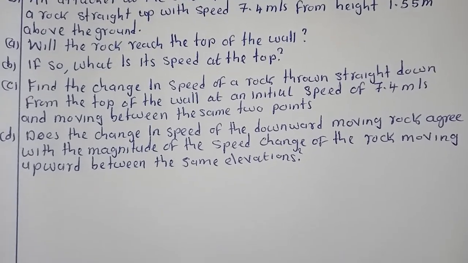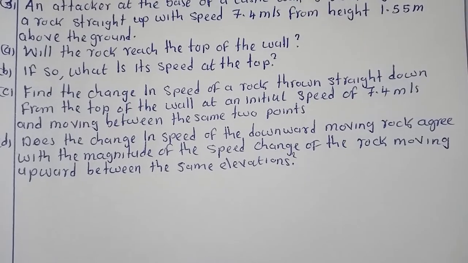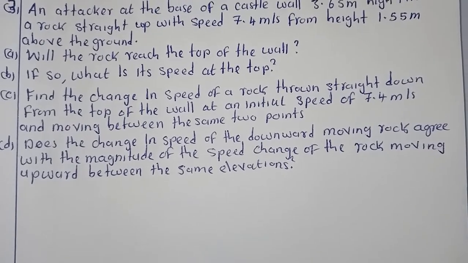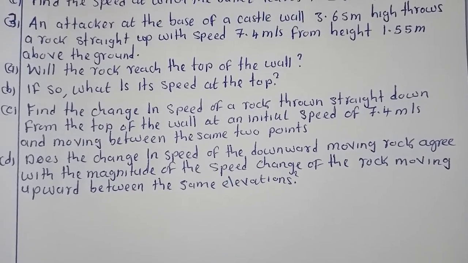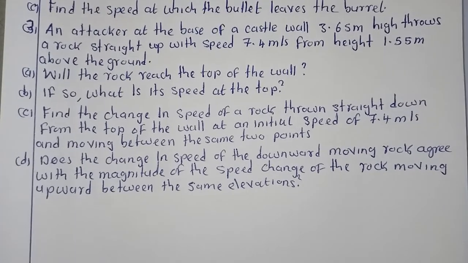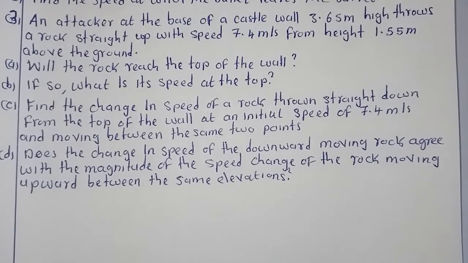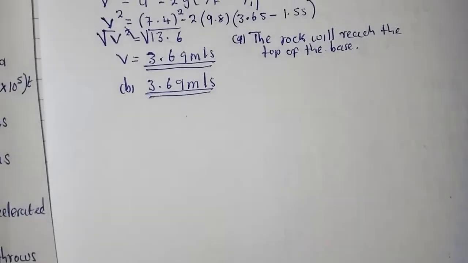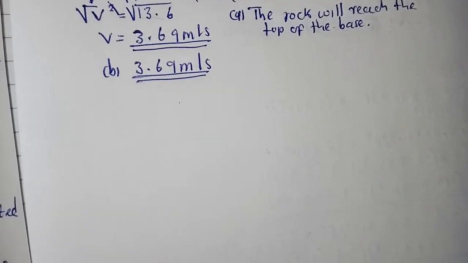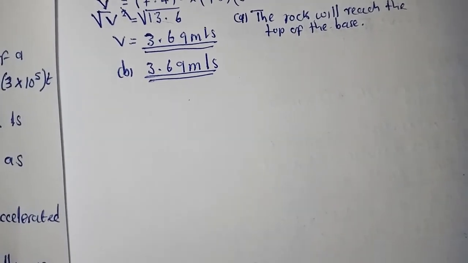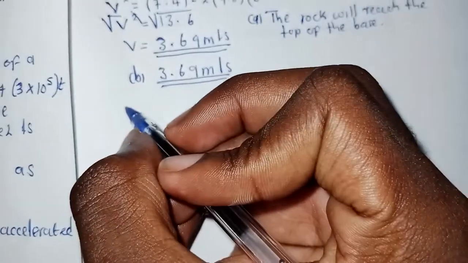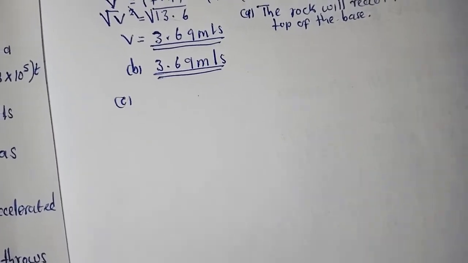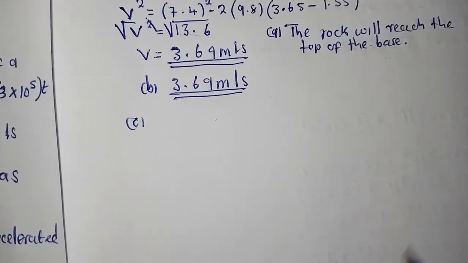We're on C. Find the change in the speed of a rock thrown straight down from the top of the wall at an initial speed of that. So they've given us the initial speed, and now they want us to find the change. For this one, it's very simple. It's one and the same concept.